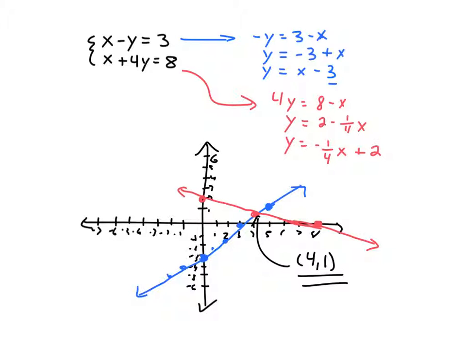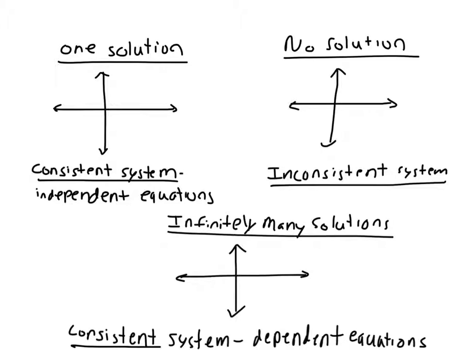Now let's talk more generally about what it means to be a solution of a system of linear equations graphically. The first case is you could have one solution, like what we just showed. That's going to be a linear line intersecting with another linear line at exactly one point.